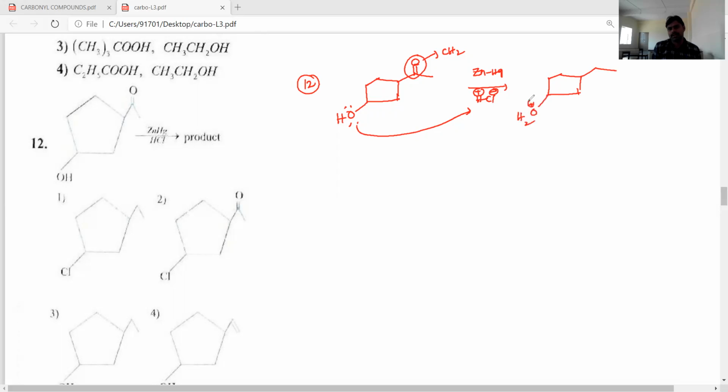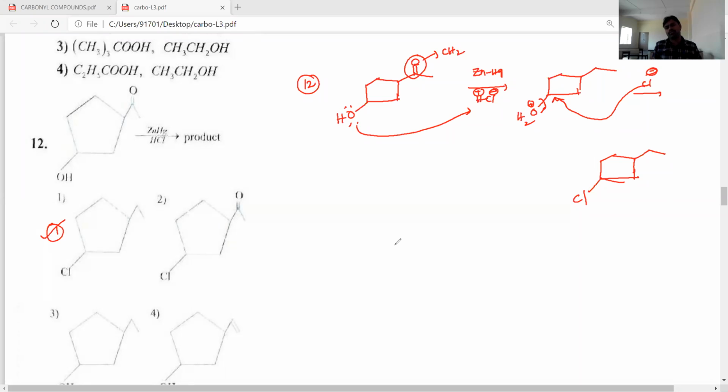The product is H2O plus. With loss of the water molecule, Cl minus will attack, and chlorine will form. So the first option is correct.